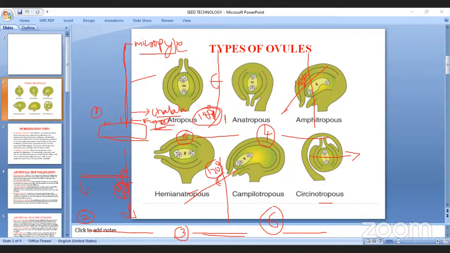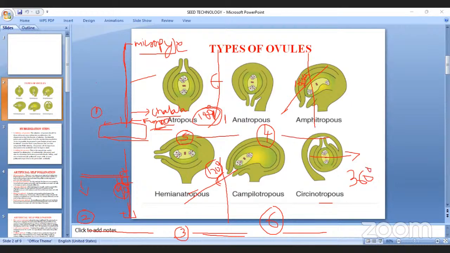For example, in a 180 degree ovule, only the micropyle turns half the range of the ovule. Half range means 90 degrees, right? And another 90 degrees added means it turns into an upright direction. Now total 180, total 360 degrees.